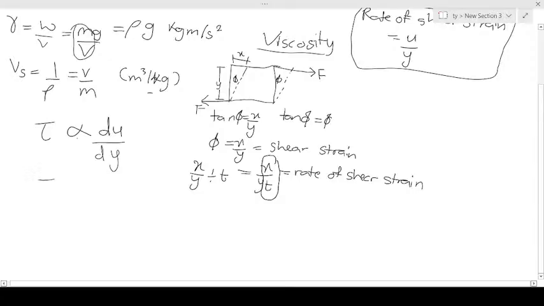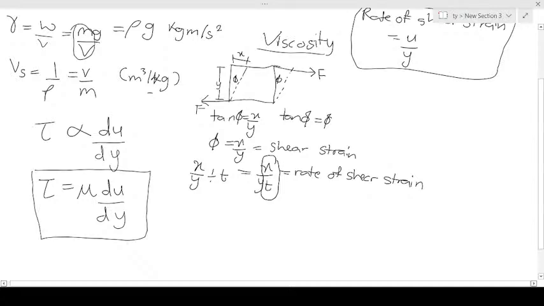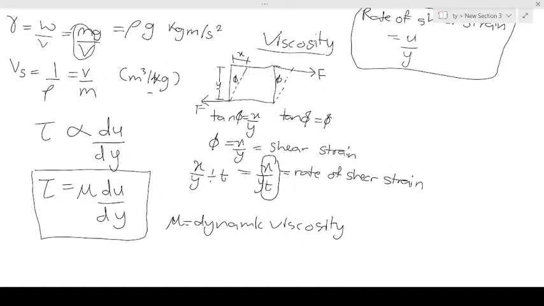So we can see that this shear stress is this formula, where your mu is your dynamic viscosity. So this formula clearly explains Newton's law of viscosity.